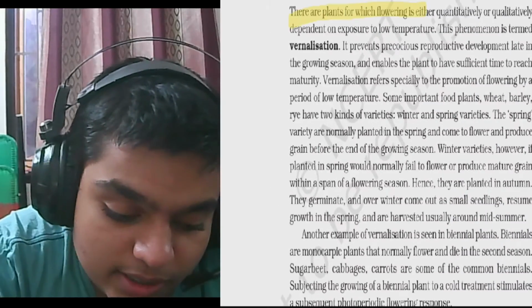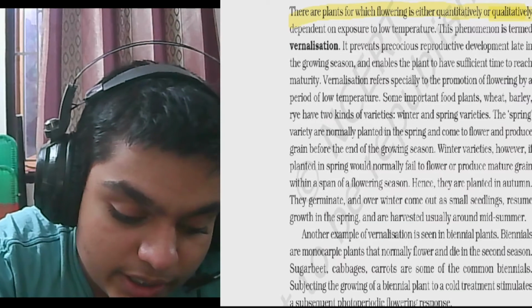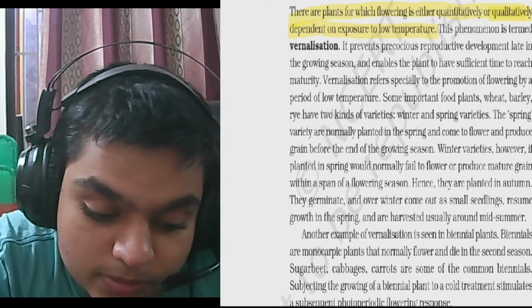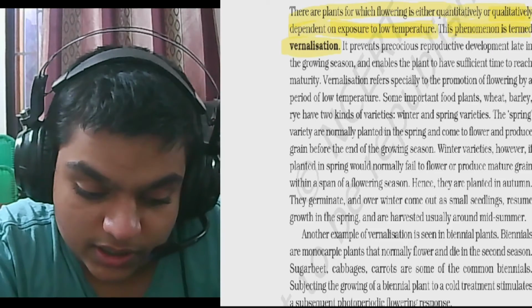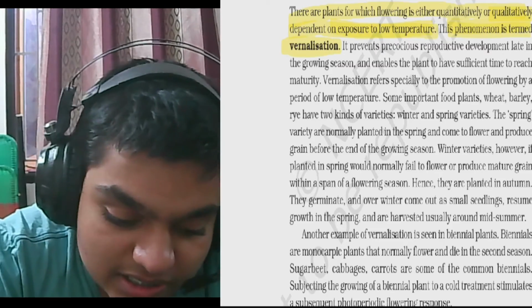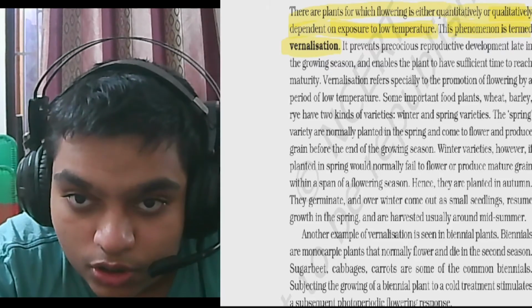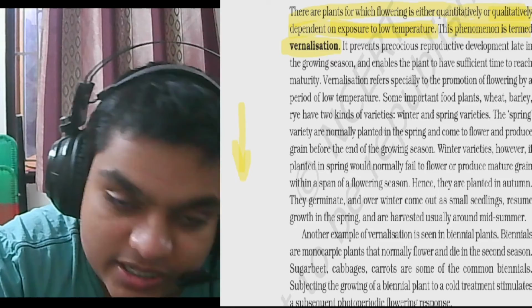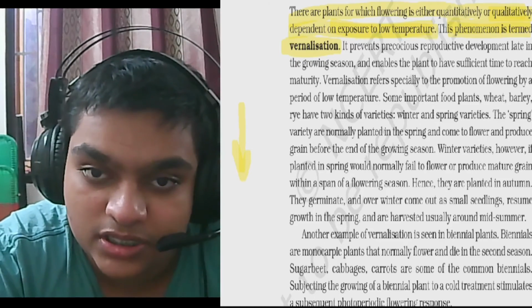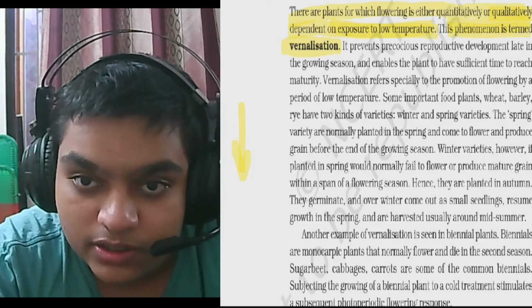There are plants for which flowering is either qualitatively or quantitatively dependent on exposure to low temperature. This phenomenon is termed vernalization. In some plants the flowering is directly dependent upon low temperature exposure. If the plants are exposed to low temperatures, then they flower, that is called vernalization.